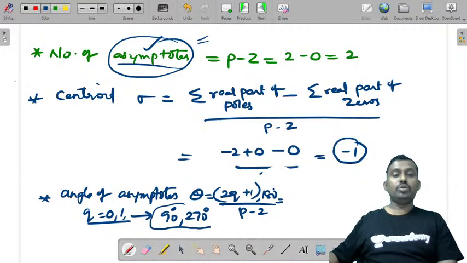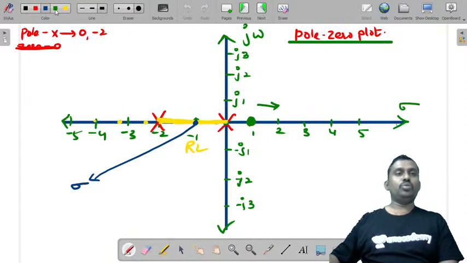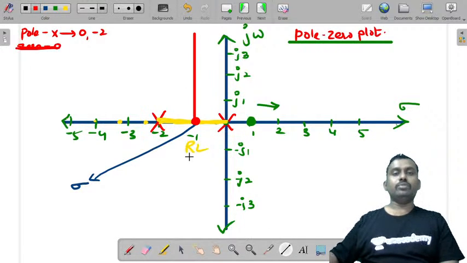That means you need to draw two asymptotes at minus 1, one at 90 degrees and the other at 270 degrees.